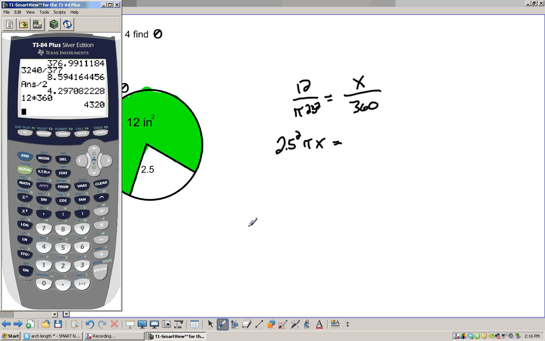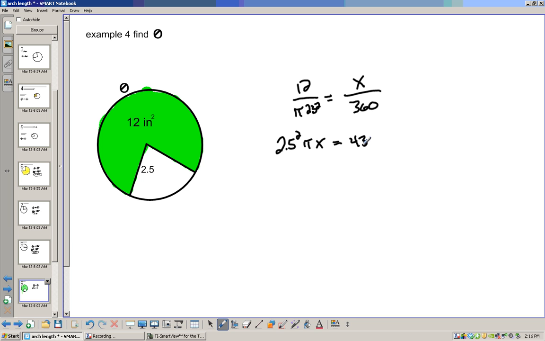Now I'm going to divide both sides by 2.5 squared pi, because this will cancel and I'll have x here.